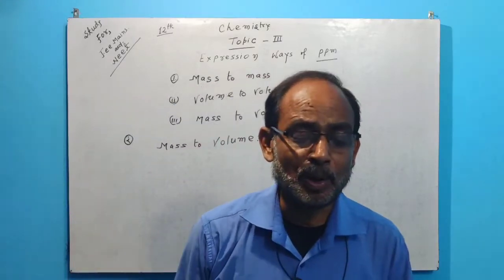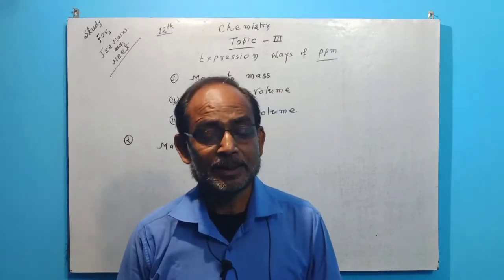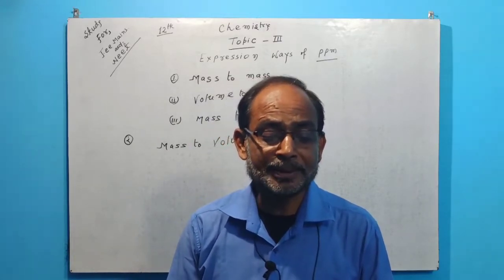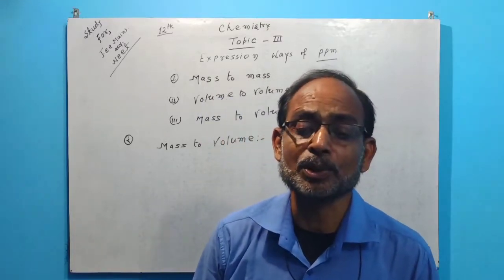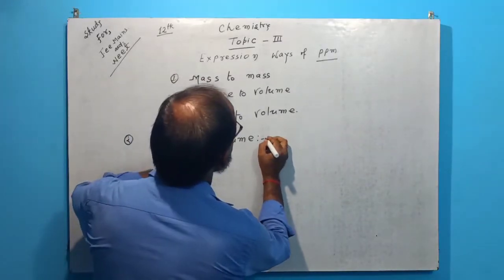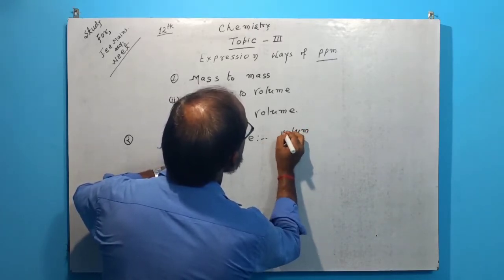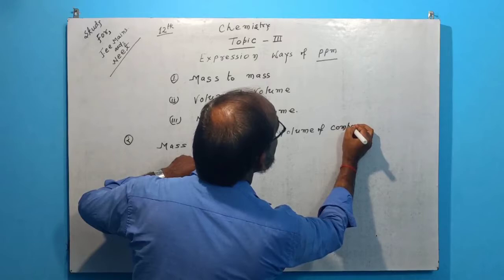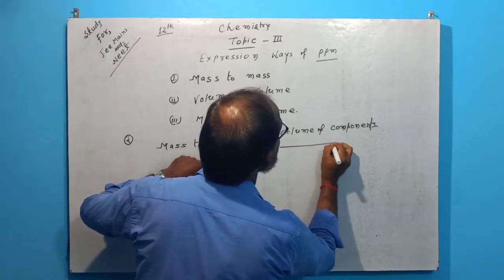The ppm of mass to volume can be said to be the millions times of ratio of mass of component or solute and the total volume of the solution.